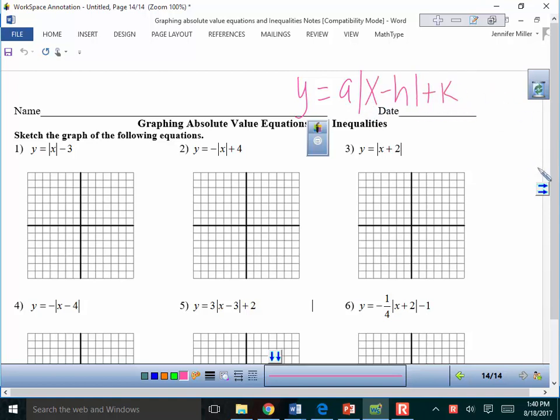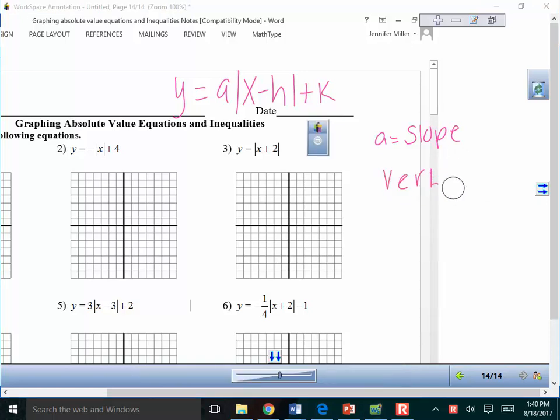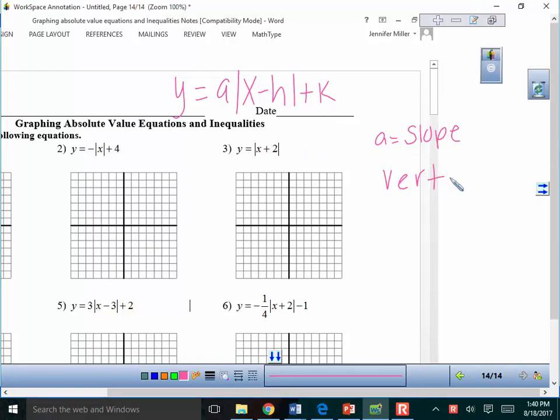In this, a is our slope, and (h, k) is our vertex, where h represents the x coordinate of our vertex, and k represents the y coordinate of our vertex.